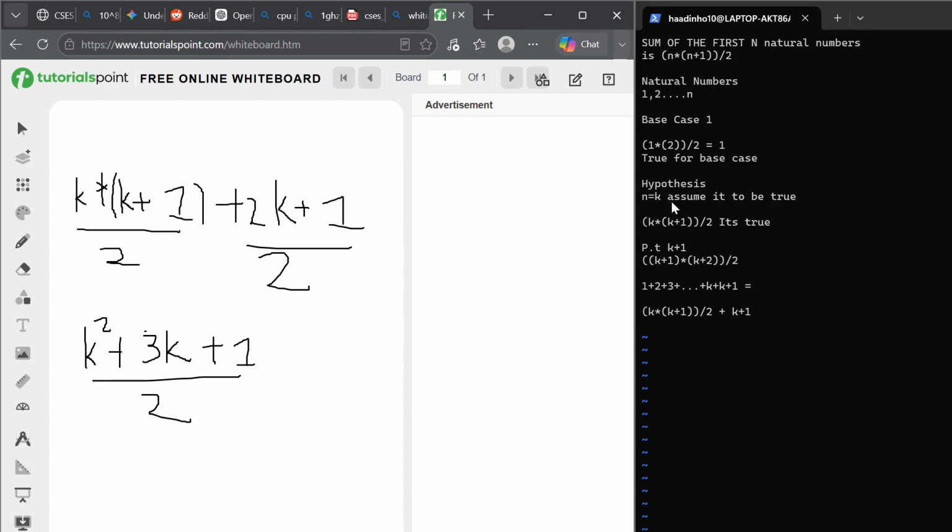And then we have the thing we had to prove, k plus 1 into k plus 2 by 2.